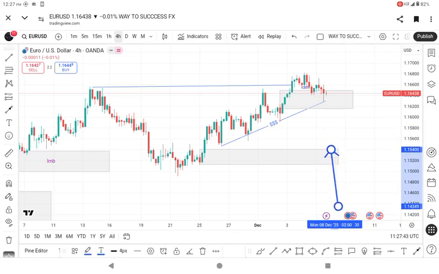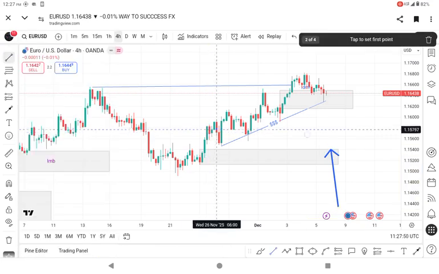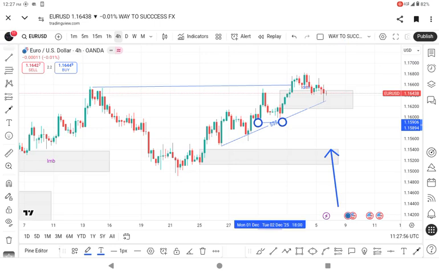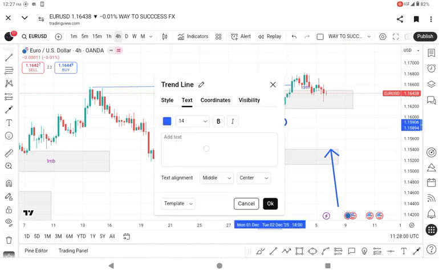If you look closely below the other block, which is our decisional POI, we have an equal low sitting below it. If I remove this trend line markup, see, we have an equal low here.